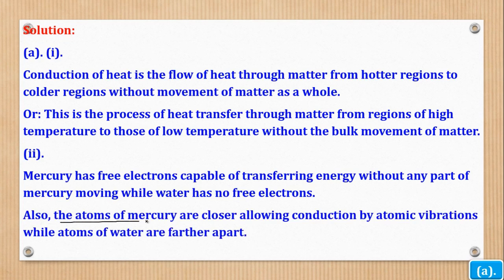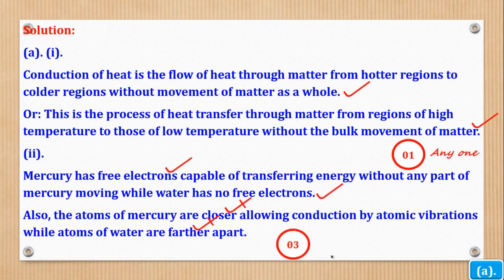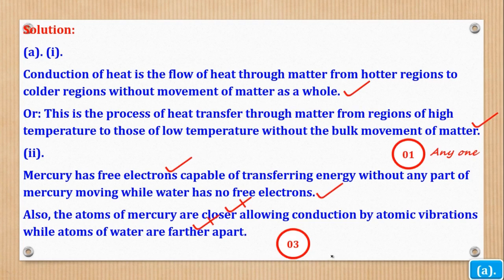Also, the atoms of mercury are closer, allowing conduction by atomic vibrations, while atoms of water are further apart. So basically that's how marks would be awarded.